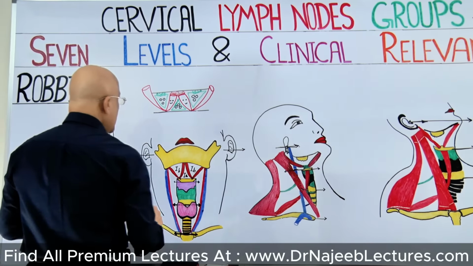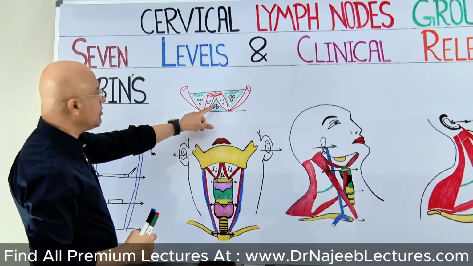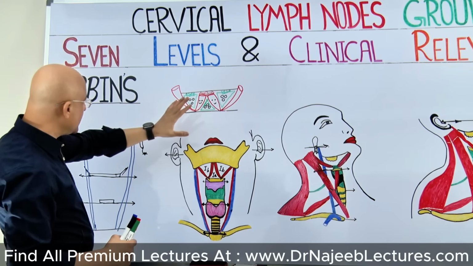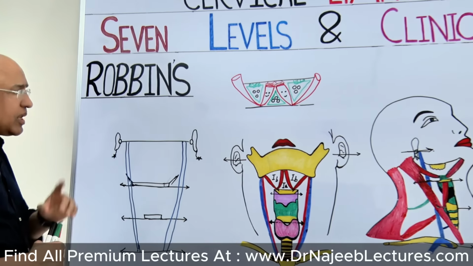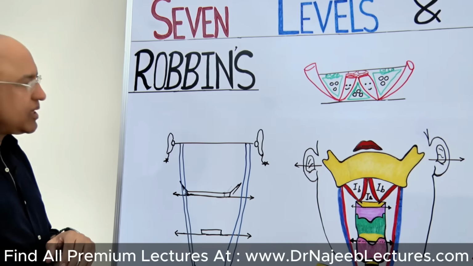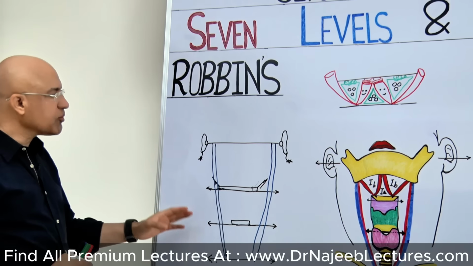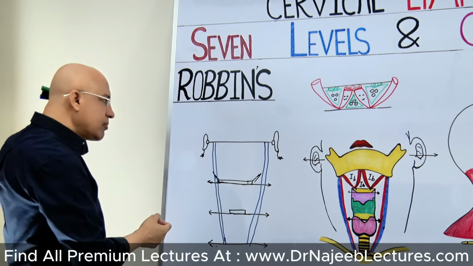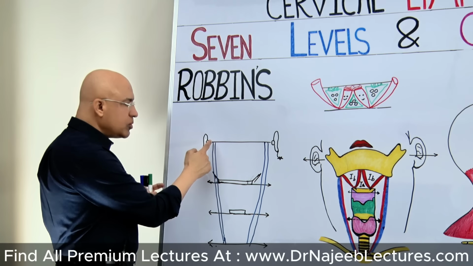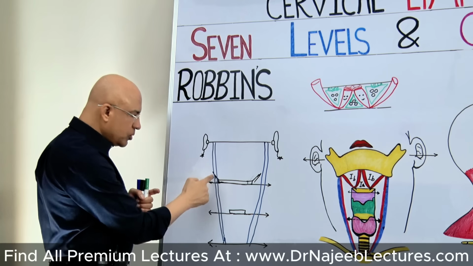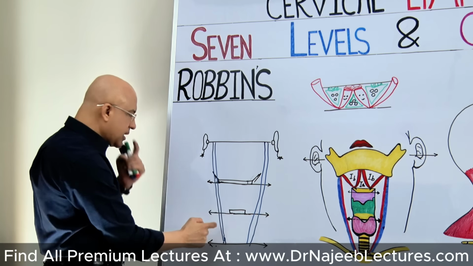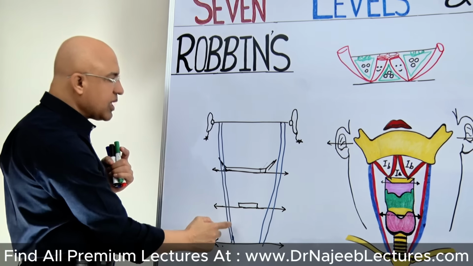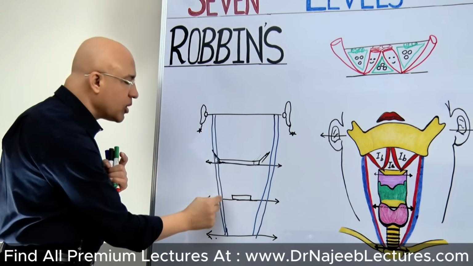Now, we have discussed only level 1. Level 1A, this is level 1B, right? Now we come to level 2. I will discuss level 2, 3 and 4 together. These lymph nodes at level 2, 3 or 4 are along the internal jugular vein.